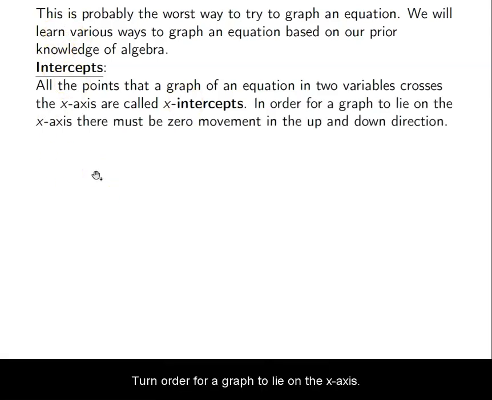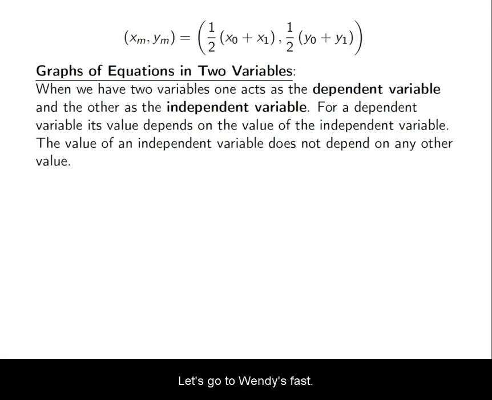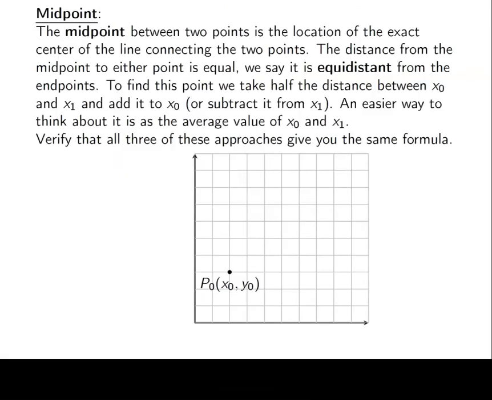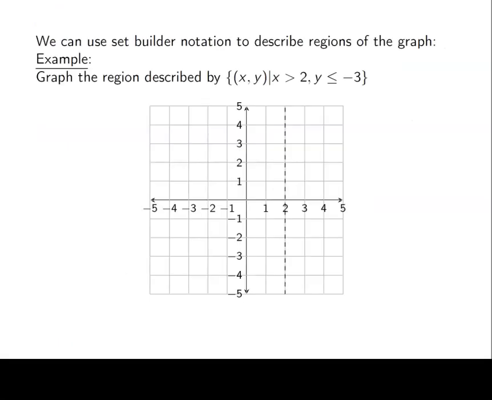So in order for a graph to lie on the x-axis, there must be no movement in the up and down direction. So let's go to one of these graphs here. If I want to be on this number line, if I want to be on the x-axis, here, here, here, it doesn't matter where, my distance from 0, left or right, is a distance of x.